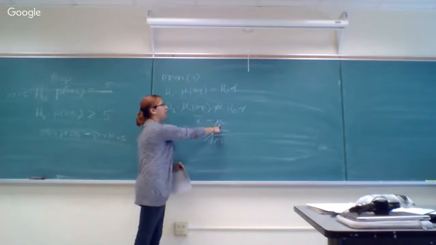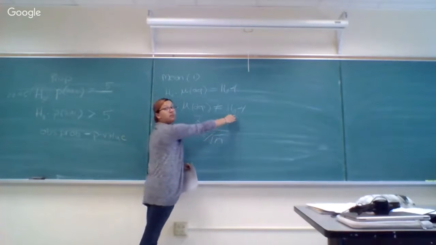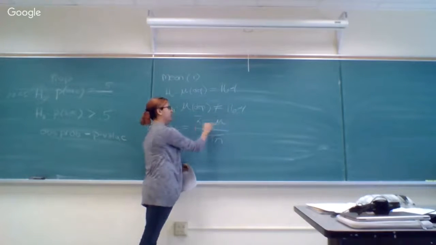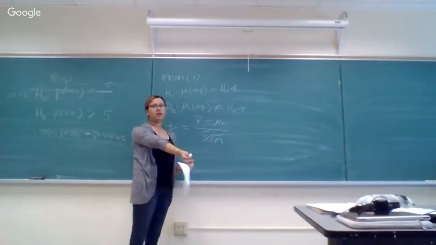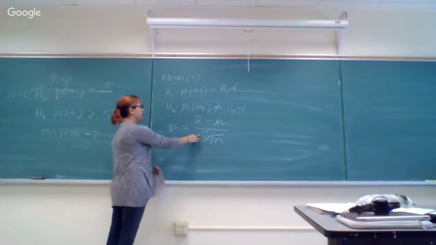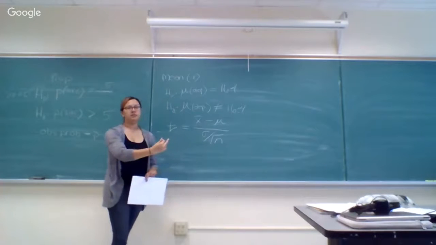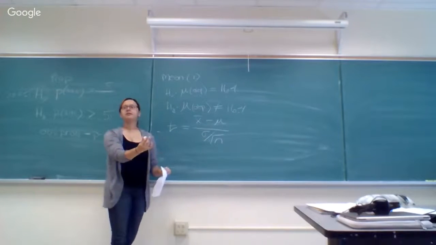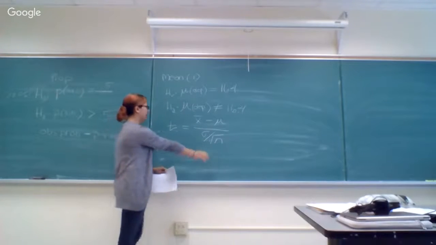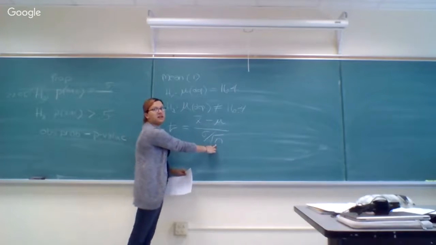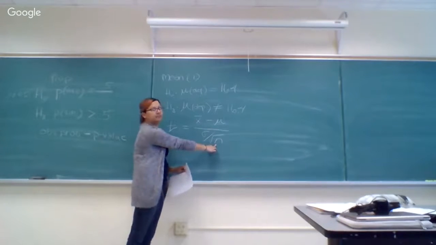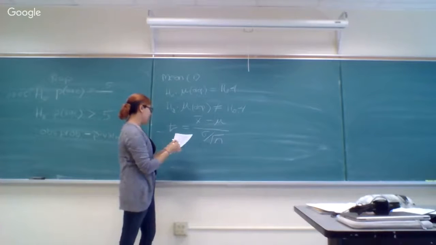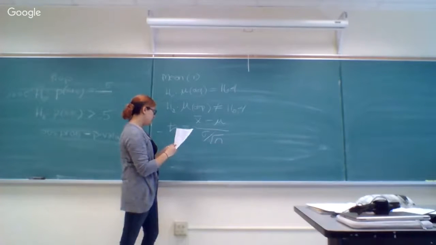This would be our expected mean, which would be 16.4. So it's observed minus expected. You'll hear that a lot. And then this is the standard deviation of either the sample or the population, usually whatever is given to you. And then this is the sample size.